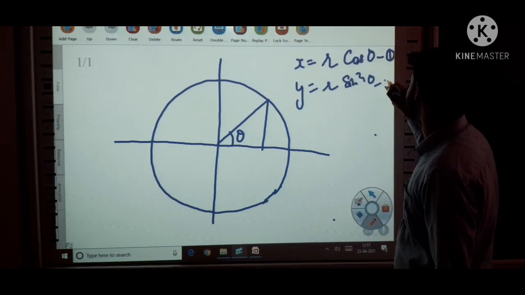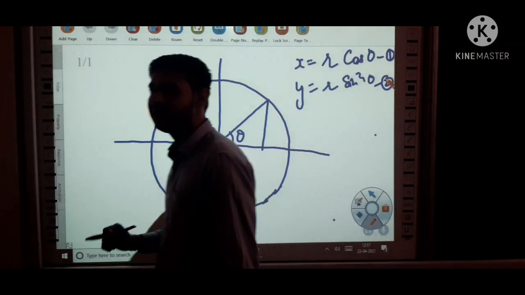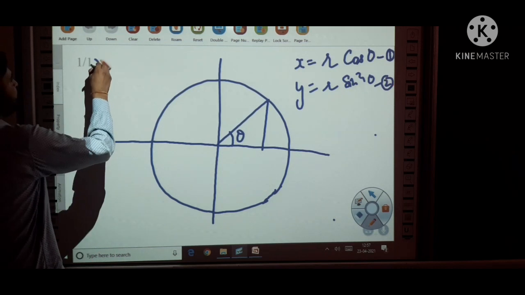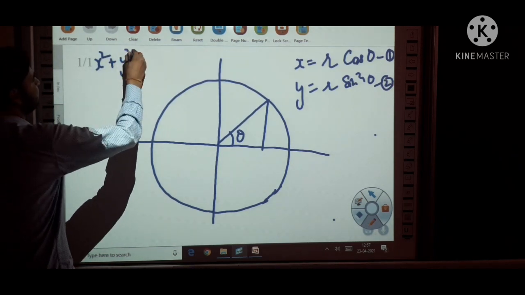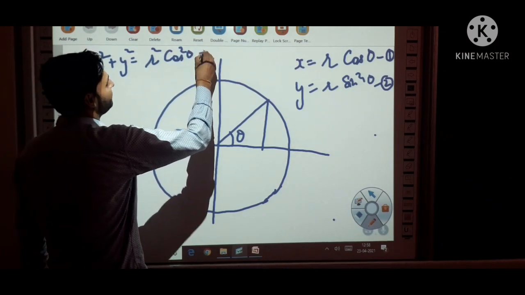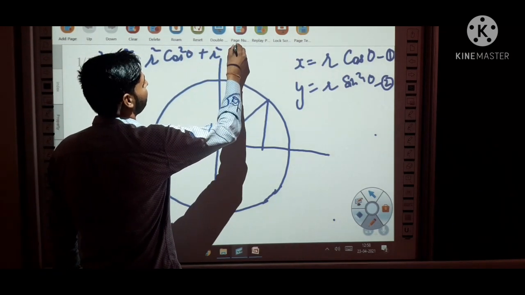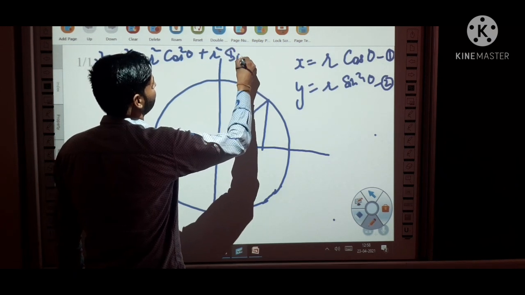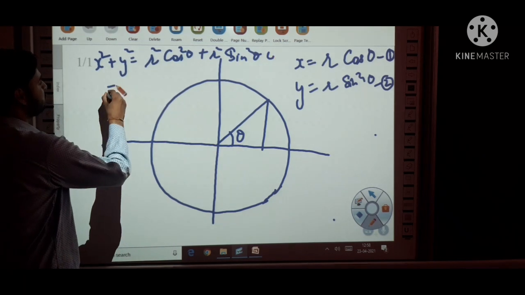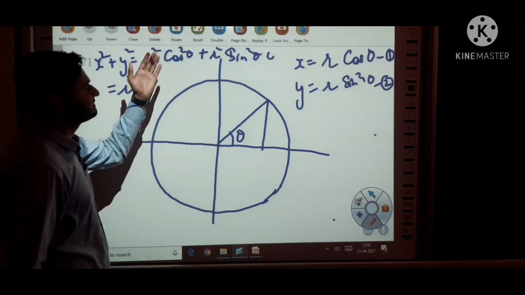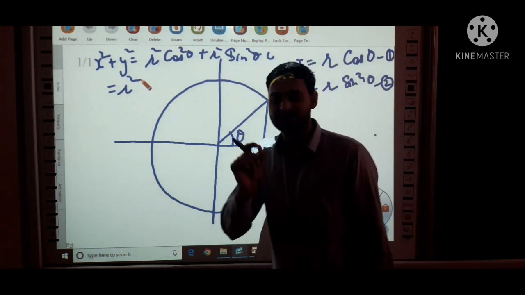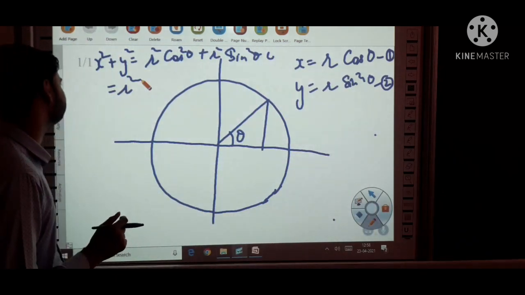Equation 1, equation 2: square and add both equations, we get x square plus y square is equal to r square cos square theta plus r square sin square theta. Now taking r square common, we get sin square theta plus cos square theta, and the value of sin square theta plus cos square theta is 1.